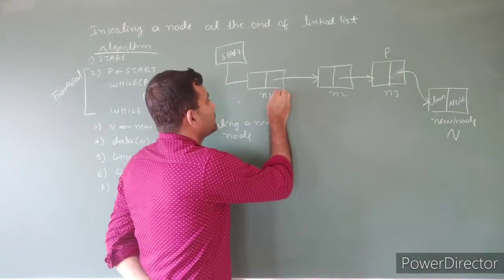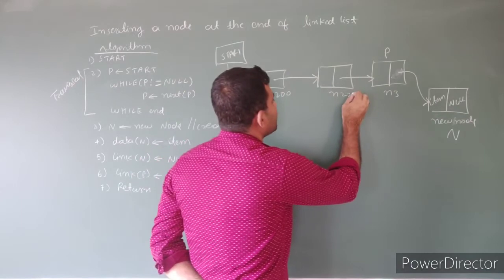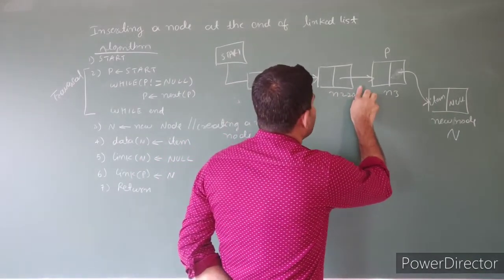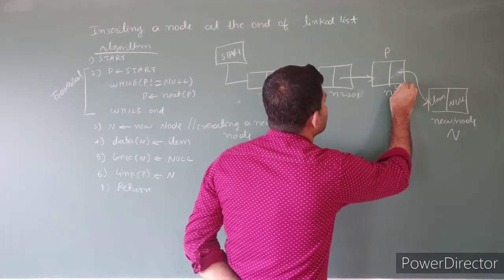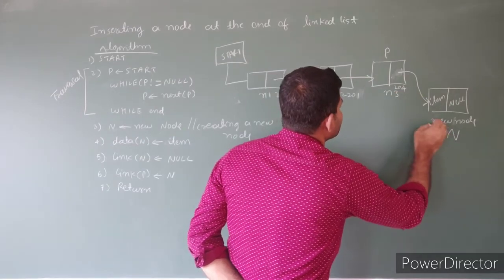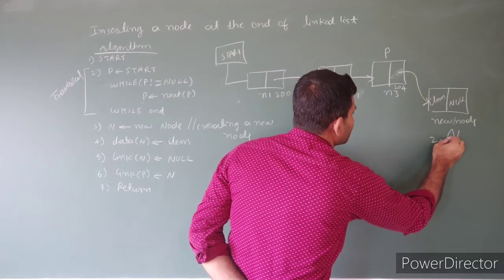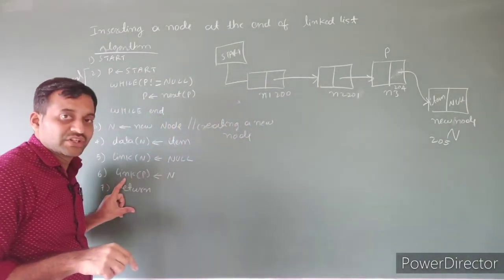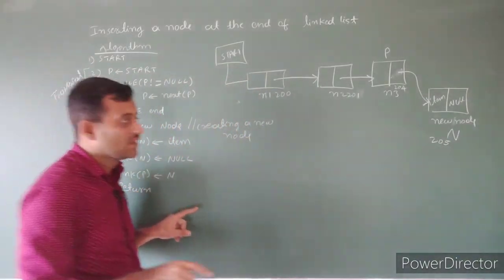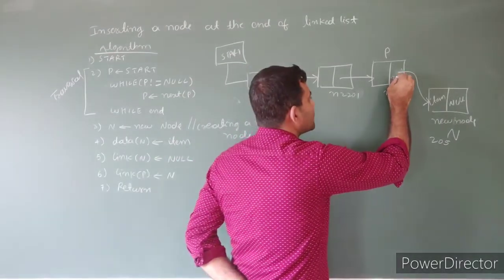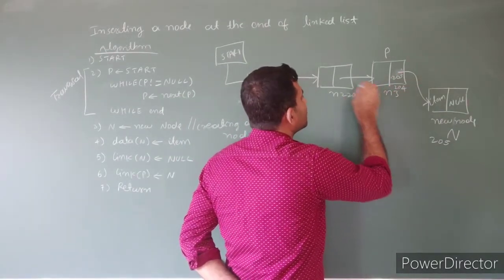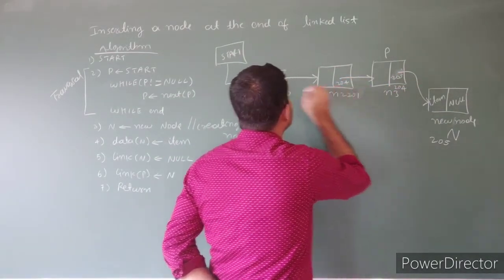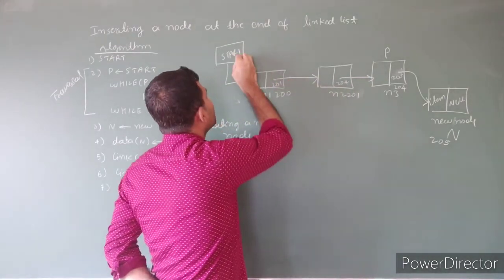For example, if the addresses are 200, 201, 204, and 205, then when this statement executes, link of P equals N, the address 205 is stored here, 204 here, then 201 here, 200 here.